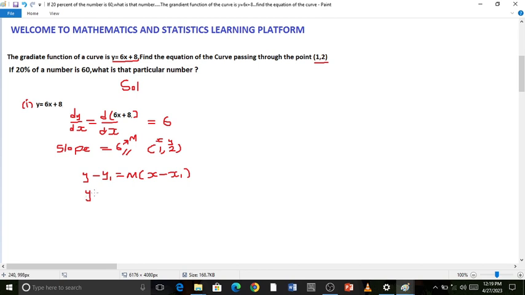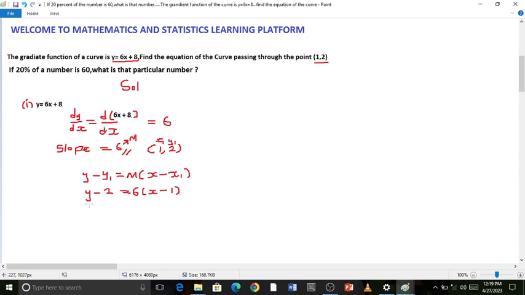This y and x will be part of the equation of the curve. We take 1 to be our x1 and 2 to be our y1. Where there is y1, we substitute 2, then our gradient m is 6, and our x1 is 1.